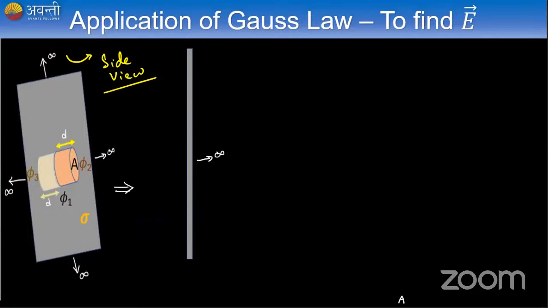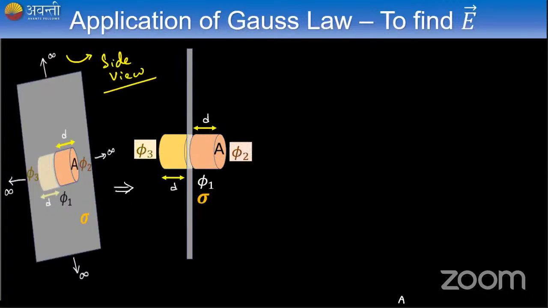Now, if I apply the same thing to this, I have one surface of area A with length D, and another surface behind it of area A and length D. We have maintained the symmetry, and we have the fluxes phi 1, phi 2, and phi 3 for the curved side and plane sides of the cylindrical surface which we have considered.